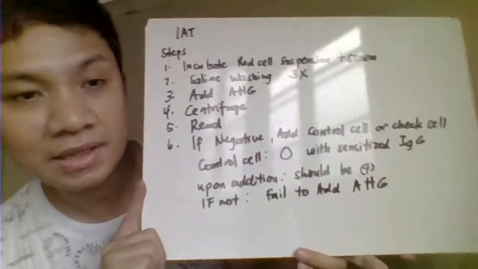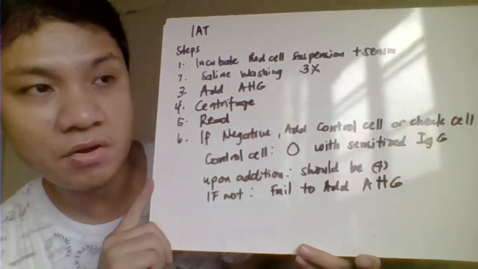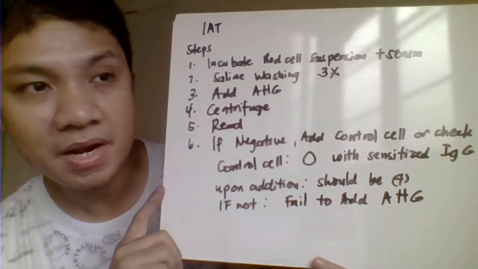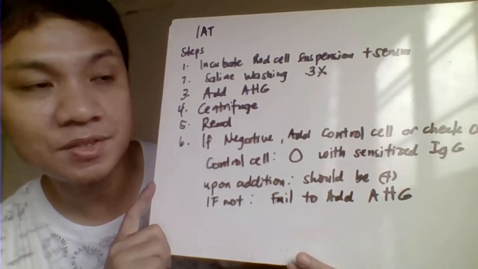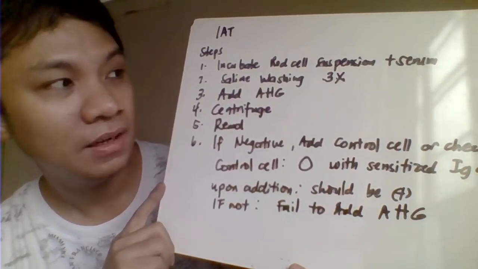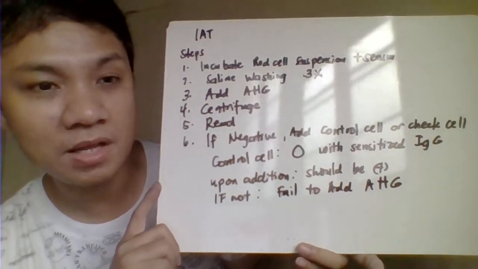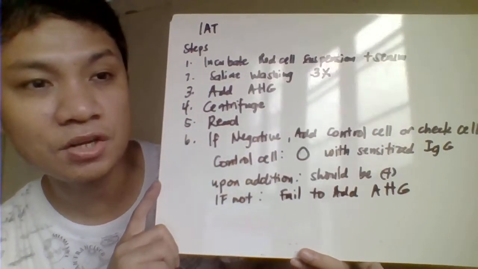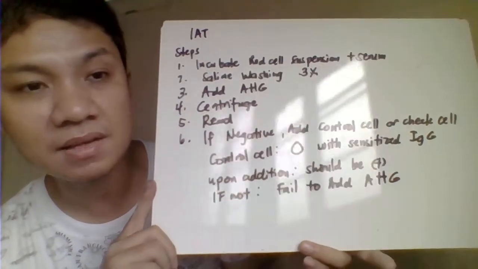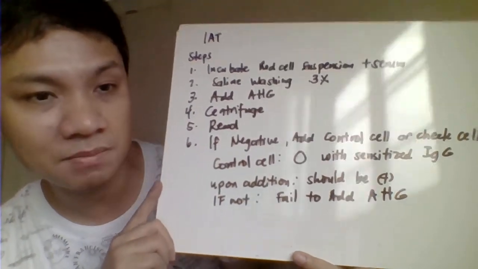So we have here the outline of the steps when you're doing your indirect anti-globulin test. The first one, try to prepare here the 3 to 5% resin suspension of your sample, then you add the serum. Then incubate that one to allow the sensitization of your IgG antibody. After that, perform saline washing for 3 times.